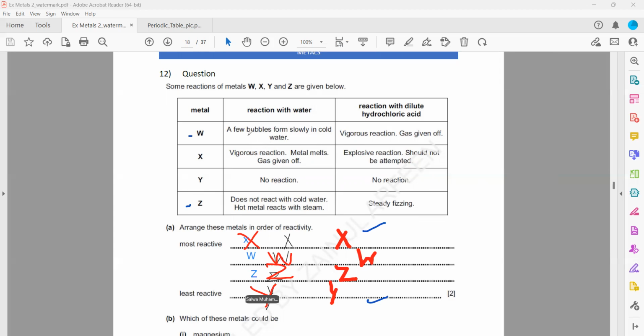So few bubbles means W is reacting more than Z. So it will be X, W, Z, and Y. You can write in a row as well, but because they provide the space, you have to write in the sequence.